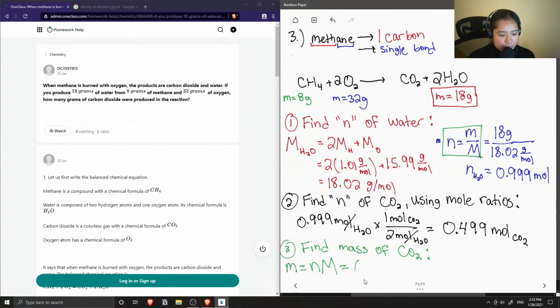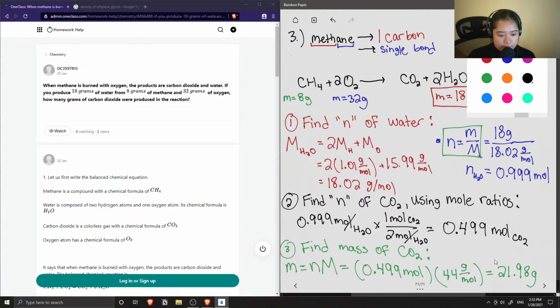The number of moles we found in our previous step is 0.499 moles of CO2, and the molar mass of CO2 is around 44 grams per mole. And we get a mass of 21.98 grams. So this is our final answer.